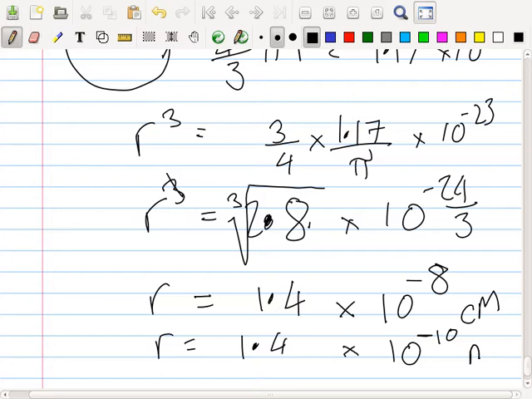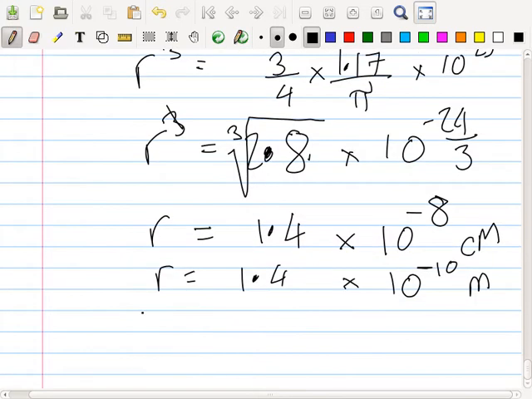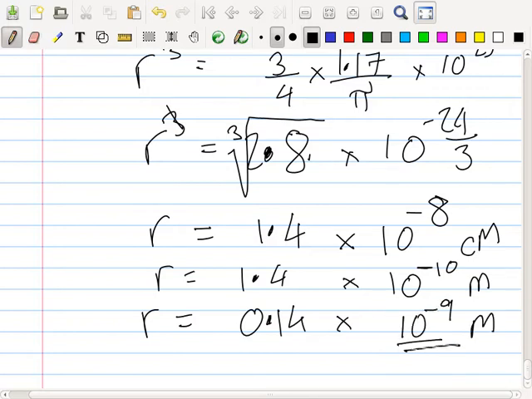Did I do that right, or do I have it the wrong way around? Or as they write it in the book, 0.4 times 10 to the minus 9 meters. And the reason for this is because this is a nanometer.